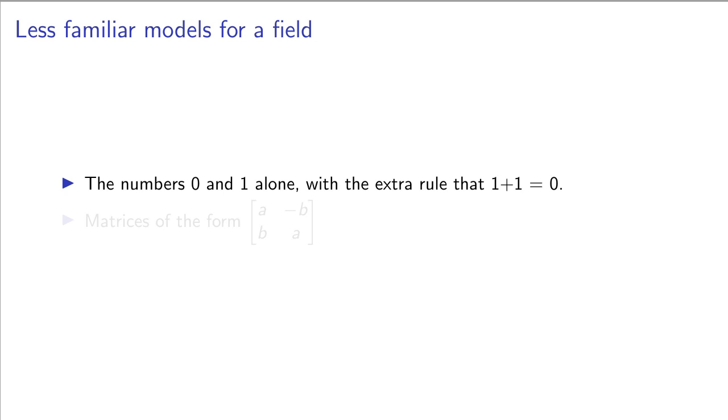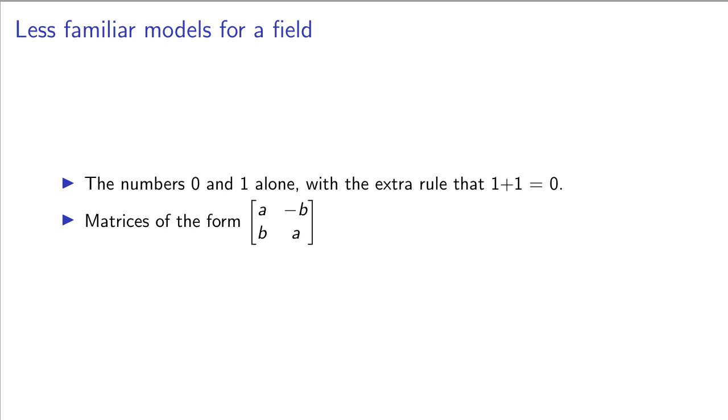Here are some less familiar models for a field. The field has to contain 0 and 1. And if I include no other elements, but add the extra rule that 1 plus 1 equals 0, you can check that all of the axioms are satisfied. If you've studied linear algebra, you learned that in general, multiplication of matrices is not commutative.